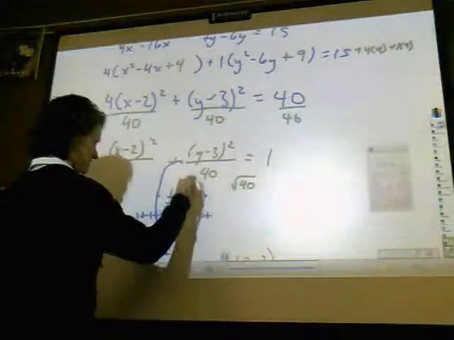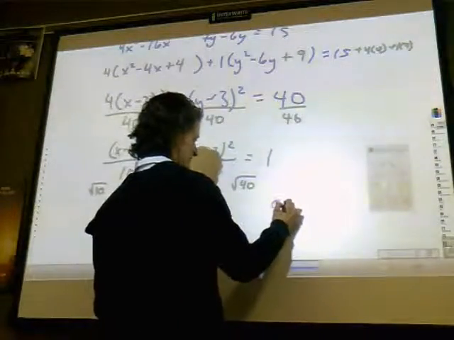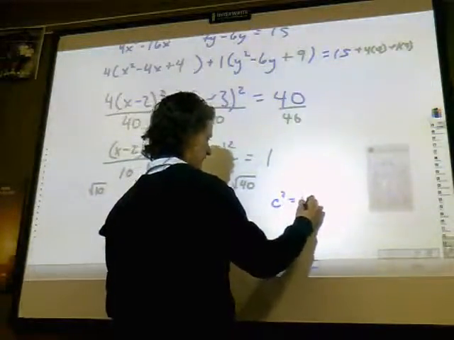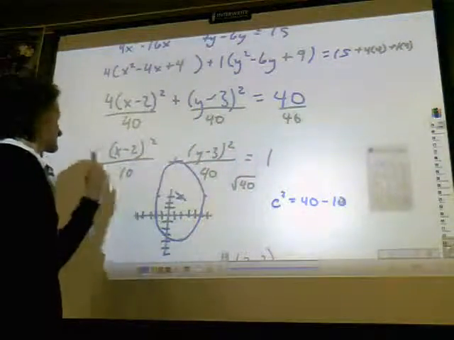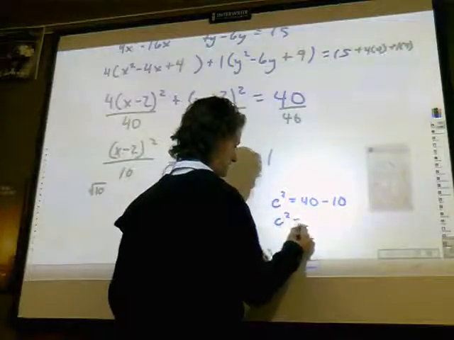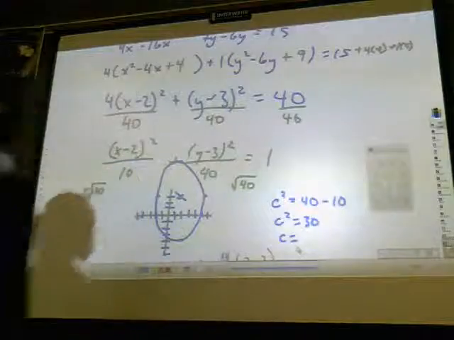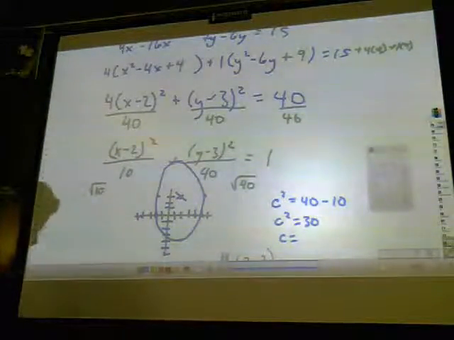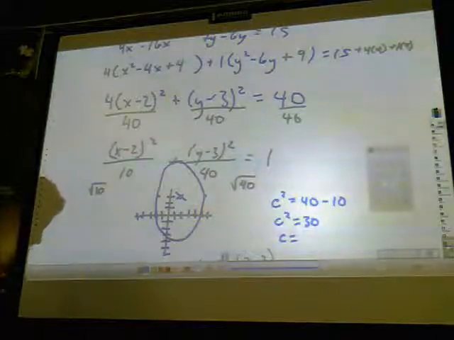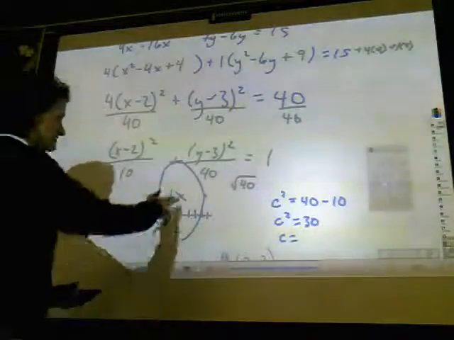Foci, you can use your app. I'll just show it by hand because it's a pretty quick deal. C squared is 40 minus 10, a squared minus b squared, which is 30. So c is the square root of 30, which means the foci are going to be square root of 30 away on the major axis, the tall axis, from the center.